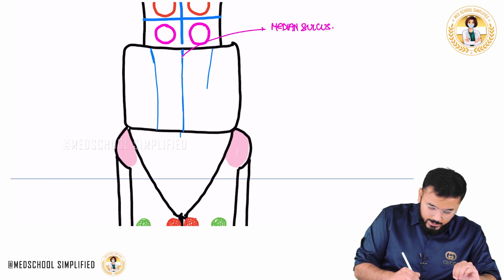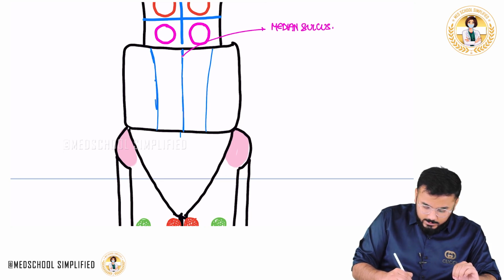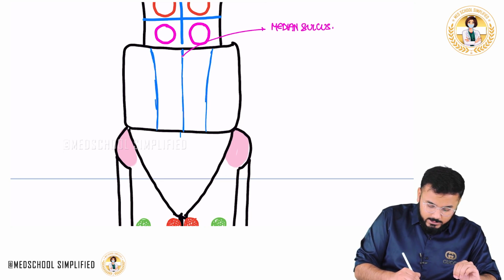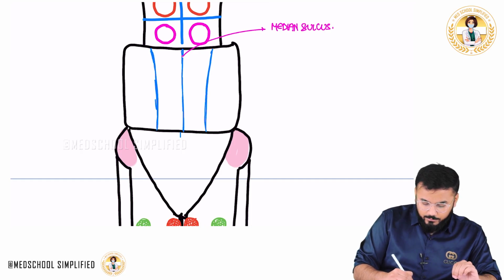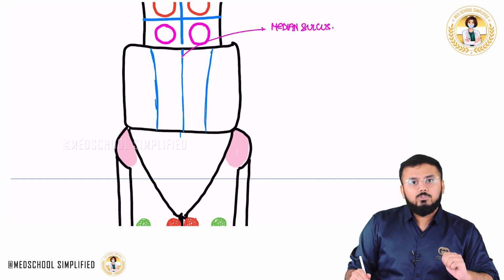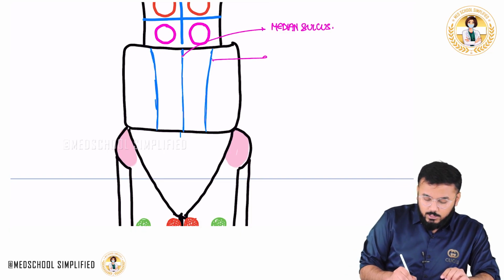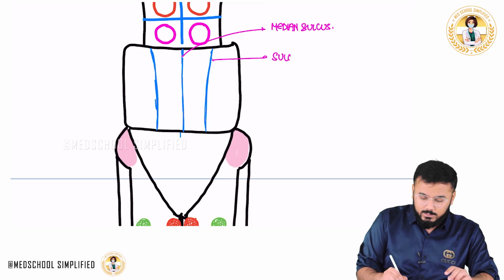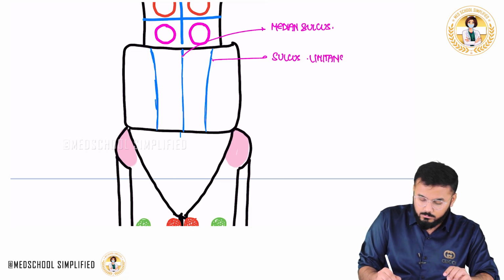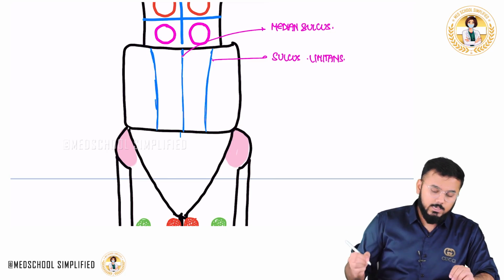This is one line like this, this is another line like this. These two lines located on either side of the median sulcus are called the sulcus limitans.